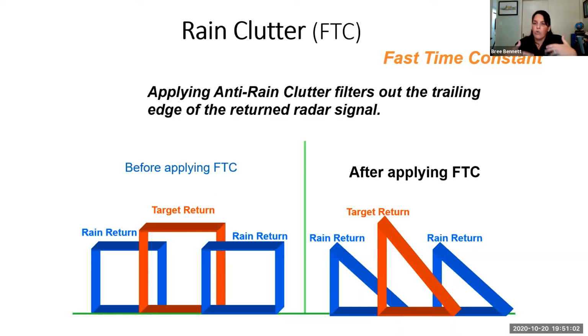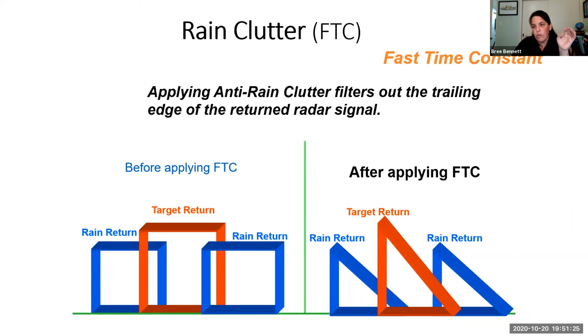So how do we see through the rain? It's not impossible, but we can make the return a whole lot smaller so that we can filter out those big heavy drops. And if there's a big solid something there, we could see it through the rain.